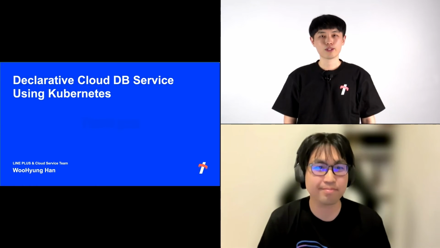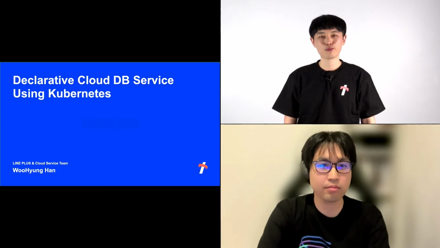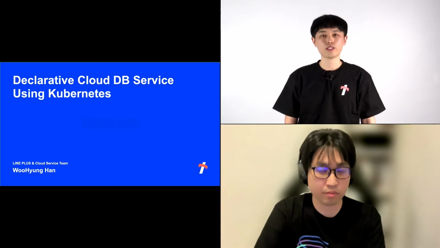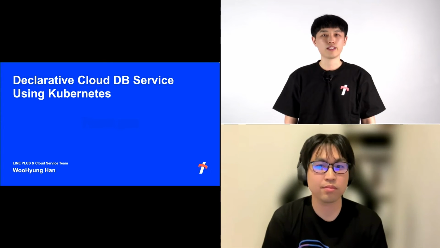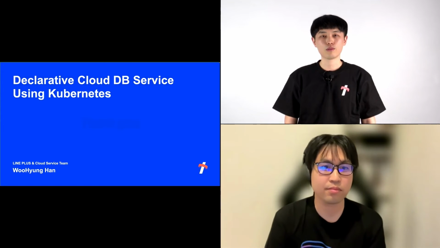Thank you for the question. For a very long time, we worked on the project and we had to think about where to focus our effort. So this is a very good question. What we concentrated on most was not imperative, but in order to make it declarative, we focused hard. We did make other types of DBaaS, and we used the Kubernetes operator pattern, but they did not act as declarative.